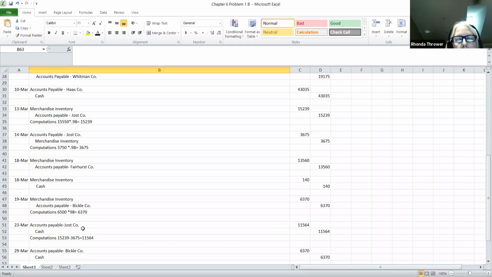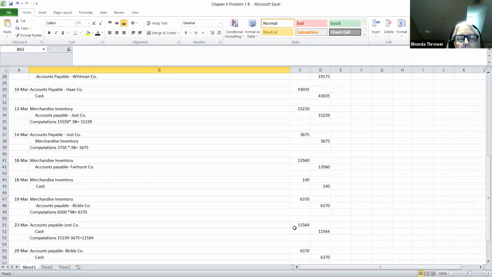We're going to end up debiting the Joss Company for the amount that we owe, which was $15,239 less the return of $3,675. That gives us the amount of cash that we're going to pay to the Joss Company.